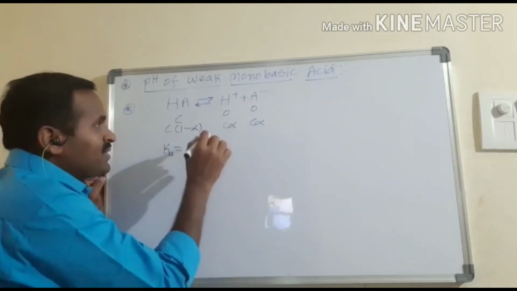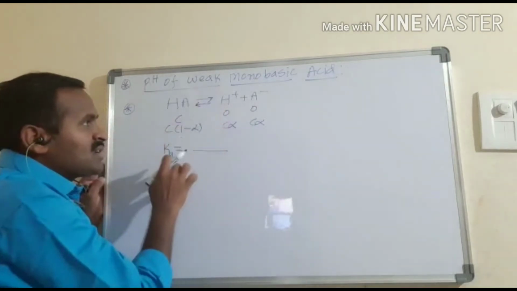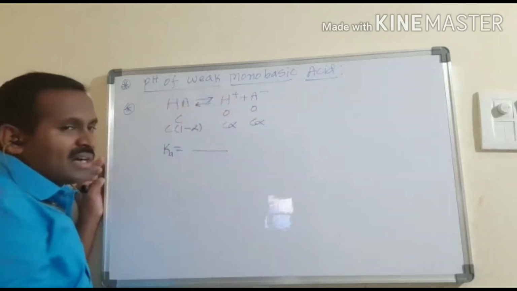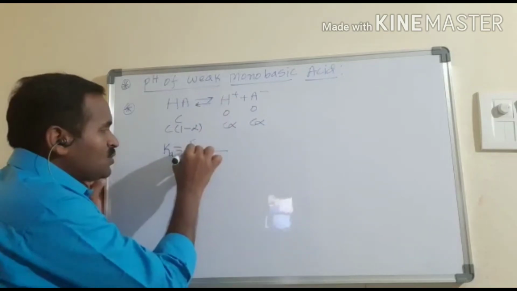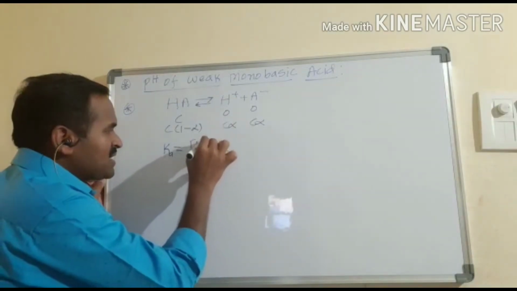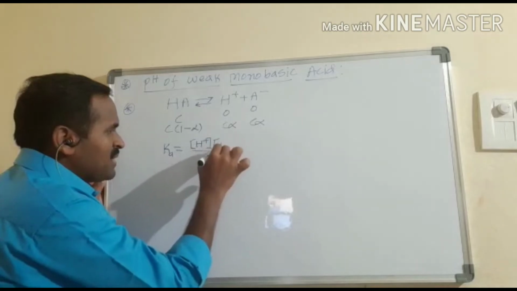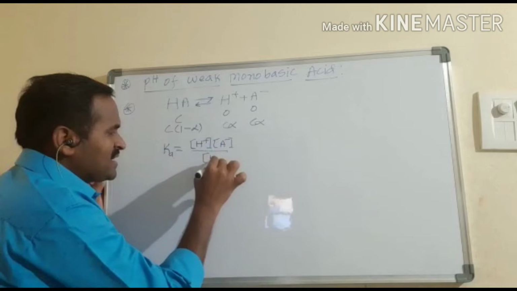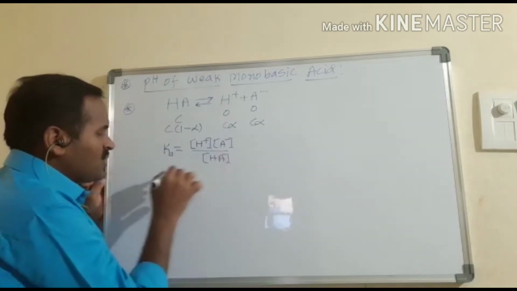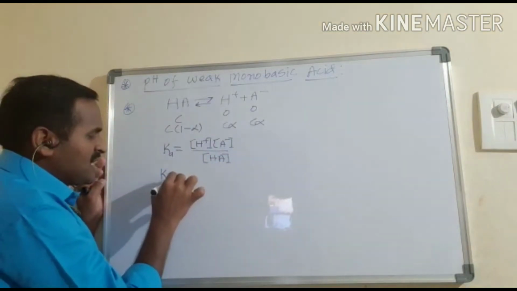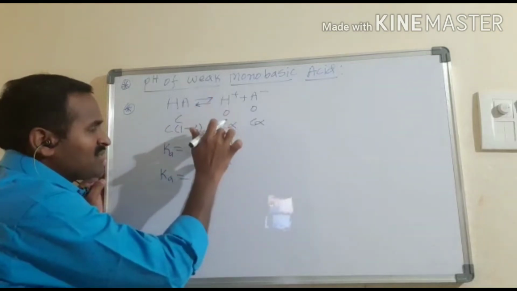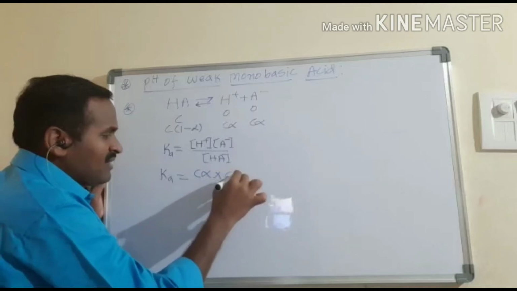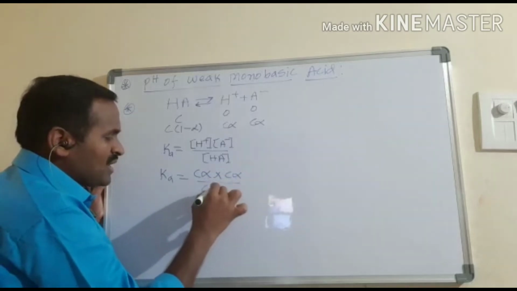I can write the equilibrium constant as the product of molar concentration of products divided by the product of molar concentration of reactants. Here two products are there: H plus ion concentration into A minus ion concentration, divided by HA concentration. So Ka equals H plus ion concentration, from this equation C alpha, here again C alpha, divided by C into 1 minus alpha.